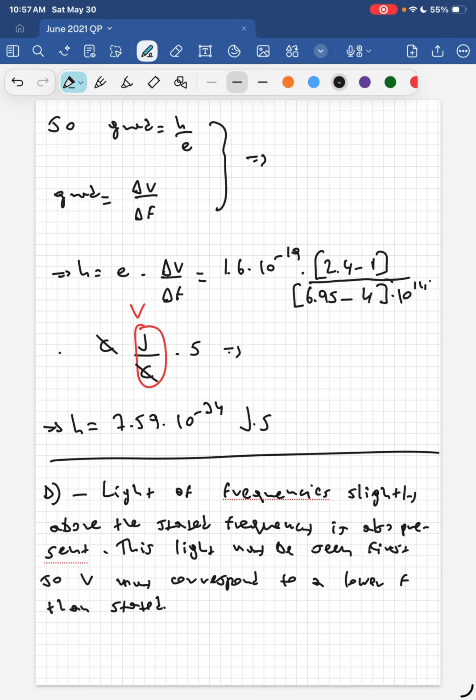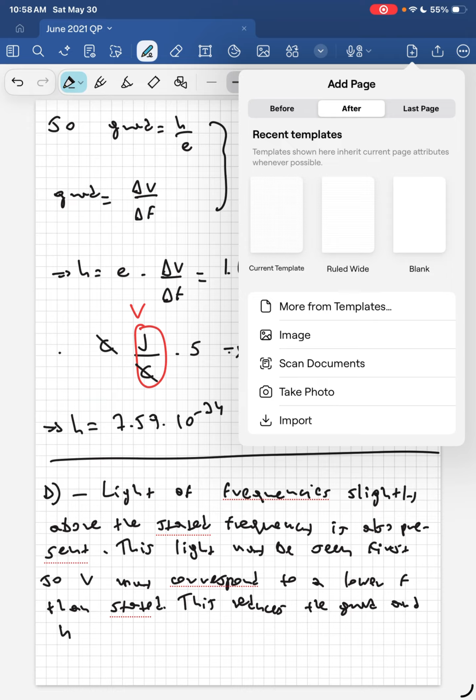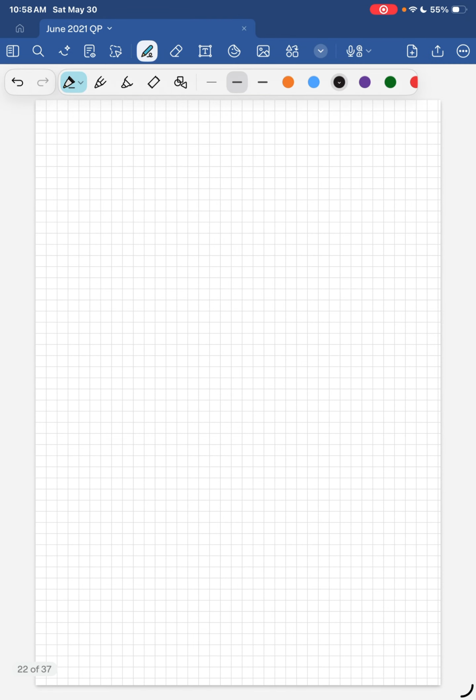This reduces the gradient and H. I need another clean page. So problem one, I mean, estimating the gradient: problem one pushes up and problem two down.